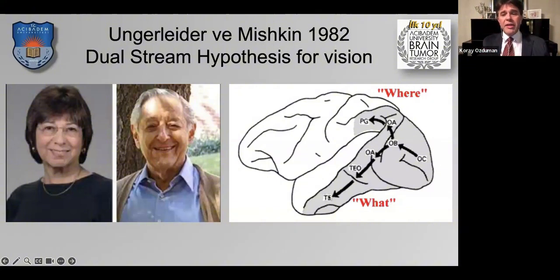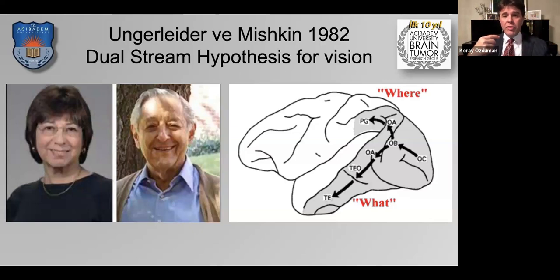One part was carrying the information to a what stream. So you were seeing something, and this stream was telling you, what is this? The yellow Volkswagen. And the other part is the where stream. The where stream tells you how to interact with what you're seeing. This means, is the car coming towards me?